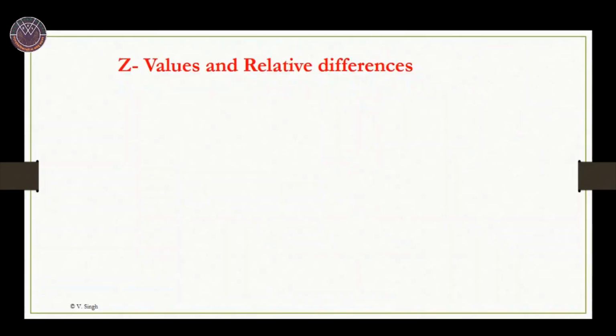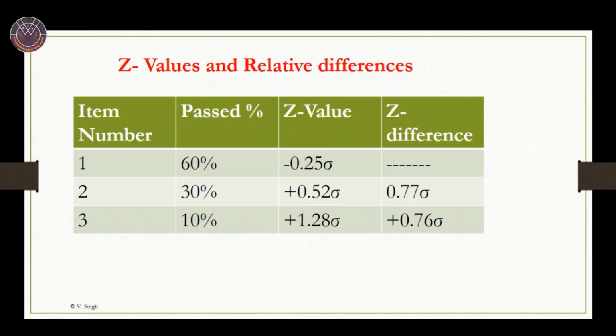Now to get the relative differences in difficulty levels, we can follow this table. We can see question number 1, 2 and 3, and how many students have passed each item: 60%, 30%, 10%. These three values, the Z values, we obtained in the previous part of the video.